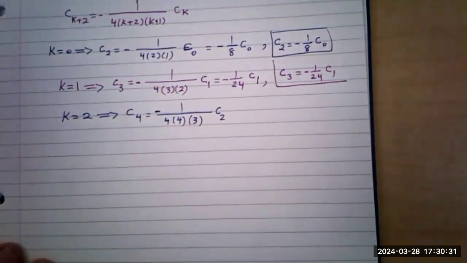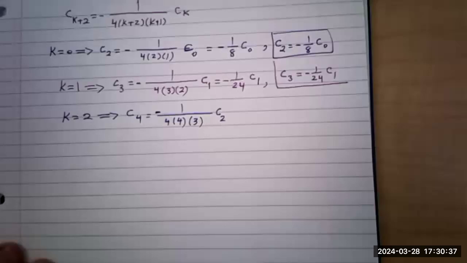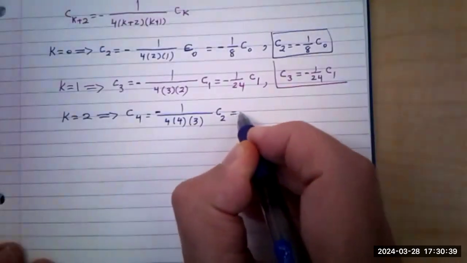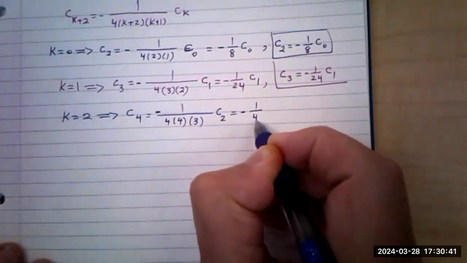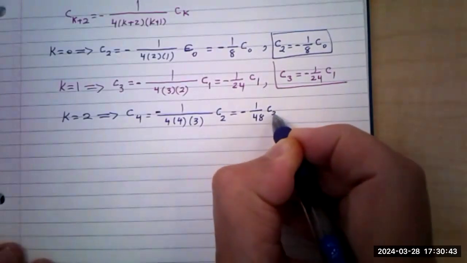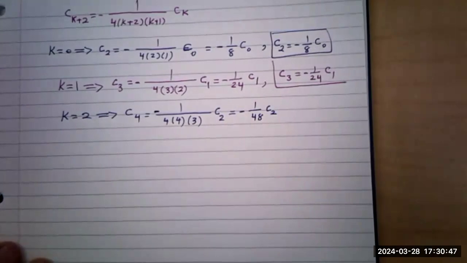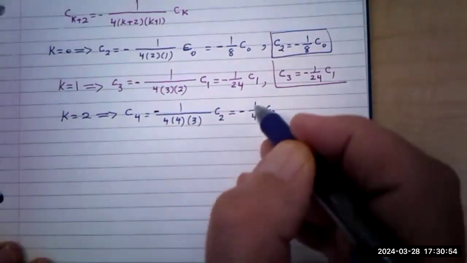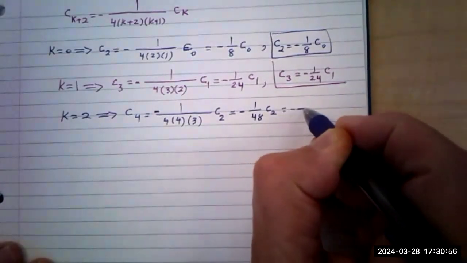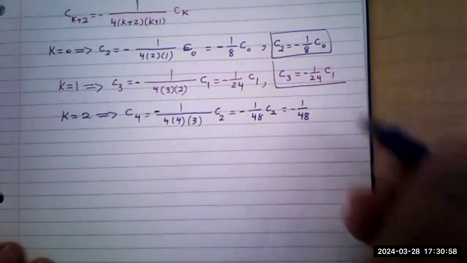That gives you 16 and 16 times 3 is 48. So that gives you negative 1 over 48 c_2.